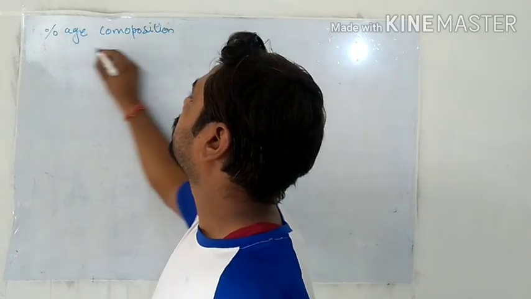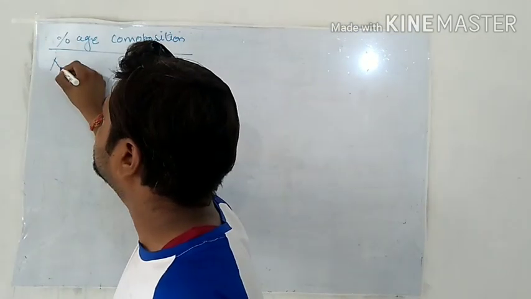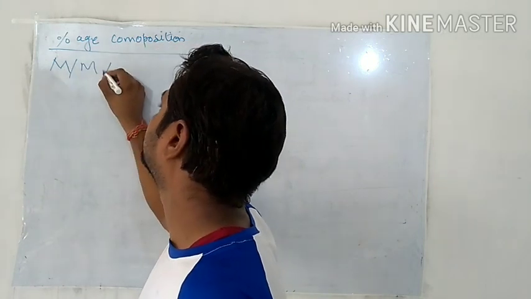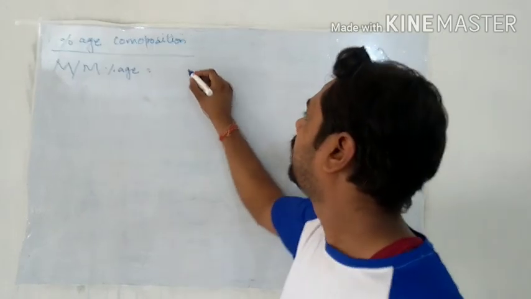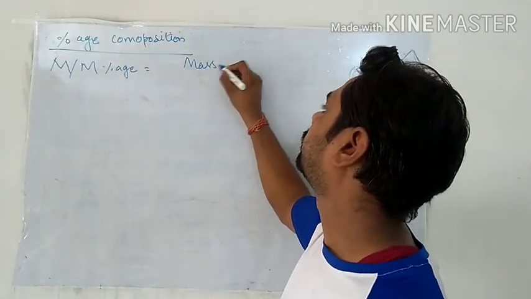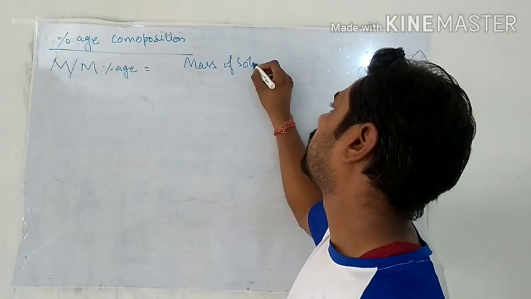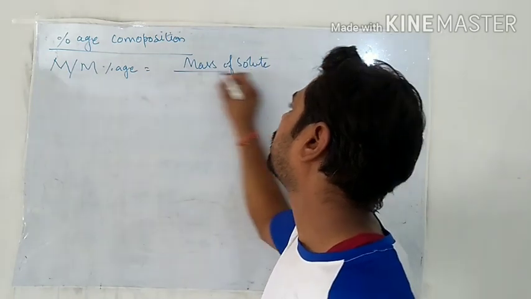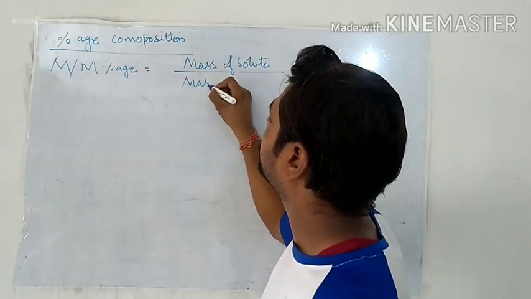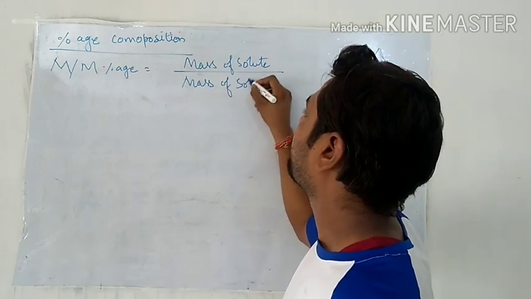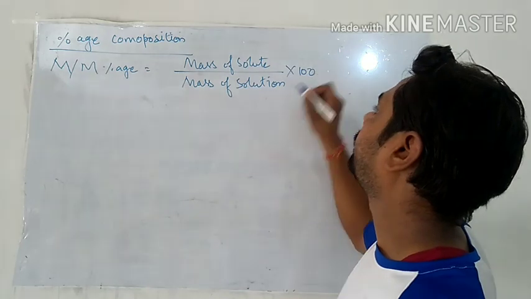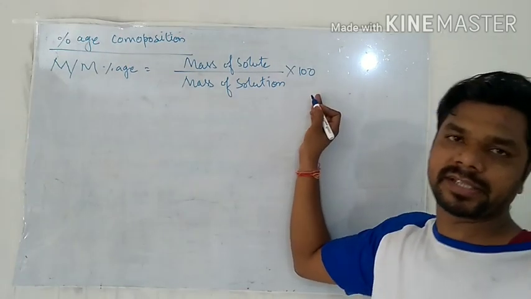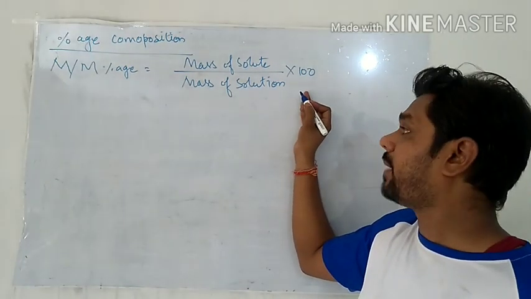Okay. So here we go. That was mass by mass percentage. A mass by mass percentage has a formula: mass of solute over mass of solution, multiplied by 100. Because it's percentage, we have to multiply by 100.